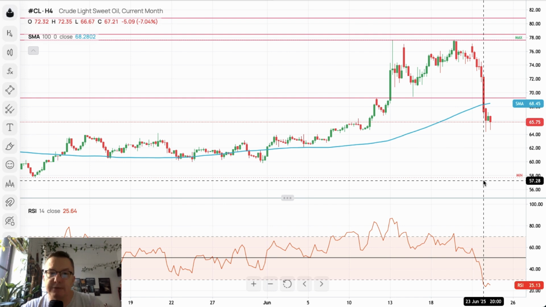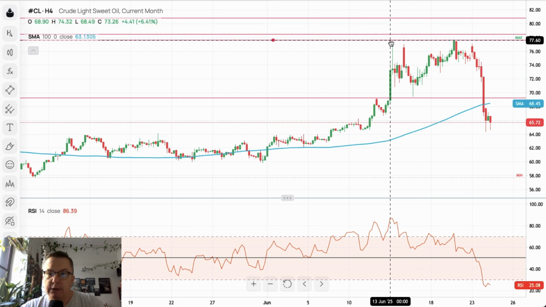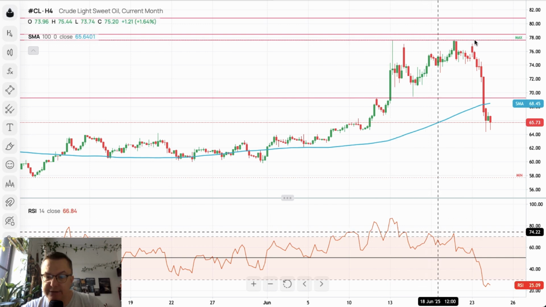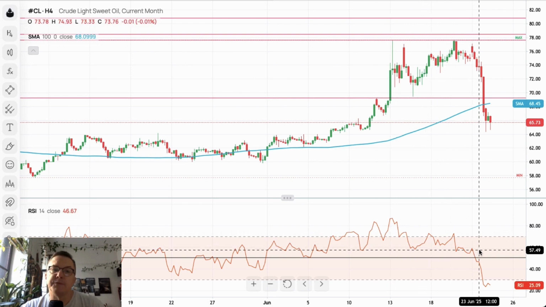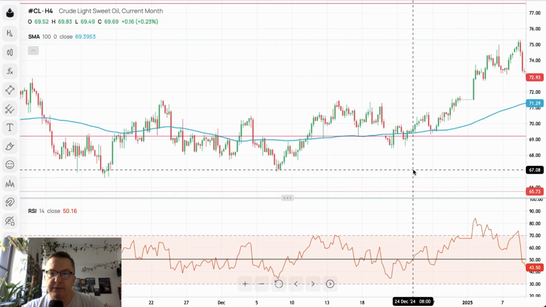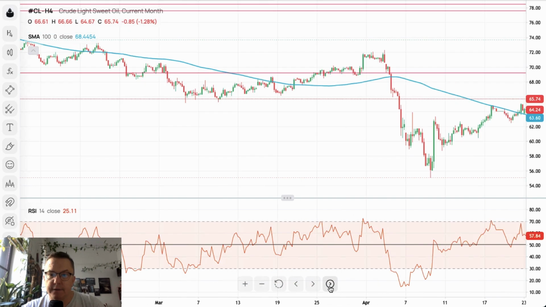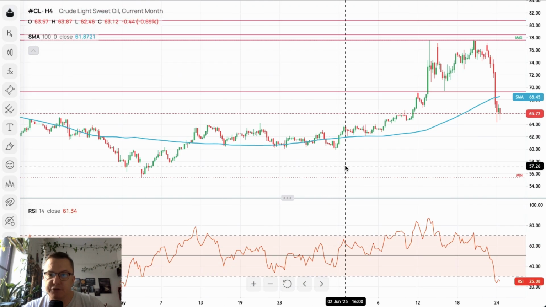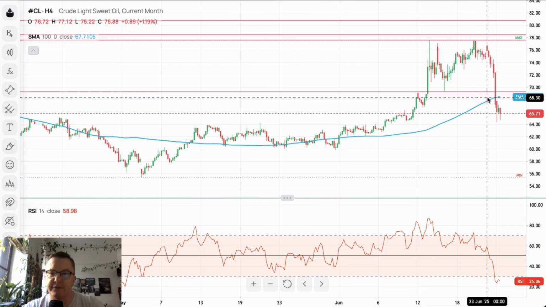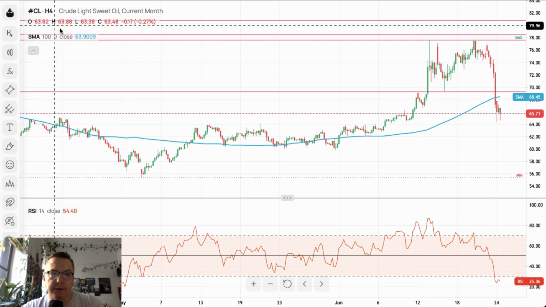We talked about this yesterday when the market was trying to break above the level of $78, but the momentum, as you can see, was coming off extremely overbought conditions. So this is the situation where the technicals play some role, and we have this very big slump to the downside.